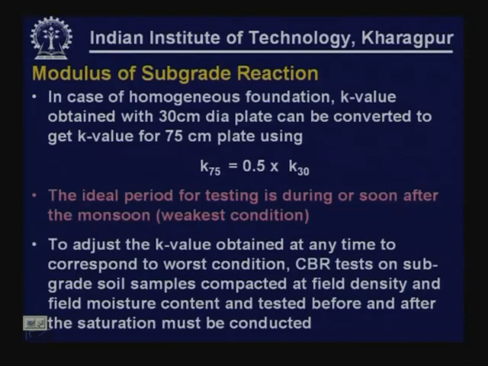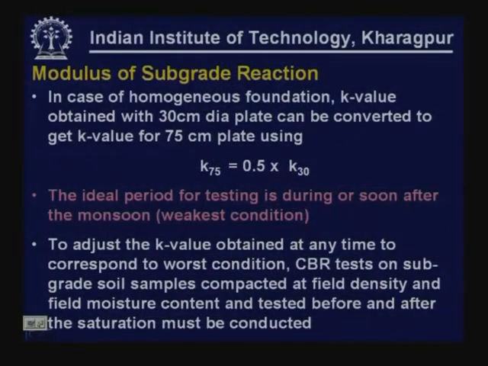To adjust a K value obtained at any other time, when the foundation is not in its weakest condition, to the K value that could have been obtained in its worst condition, we can make some adjustments by conducting CBR tests on subgrade soil samples compacted at field density and field moisture content, and tested before and after saturation. So, we have to find out the saturated or soaked CBR value.